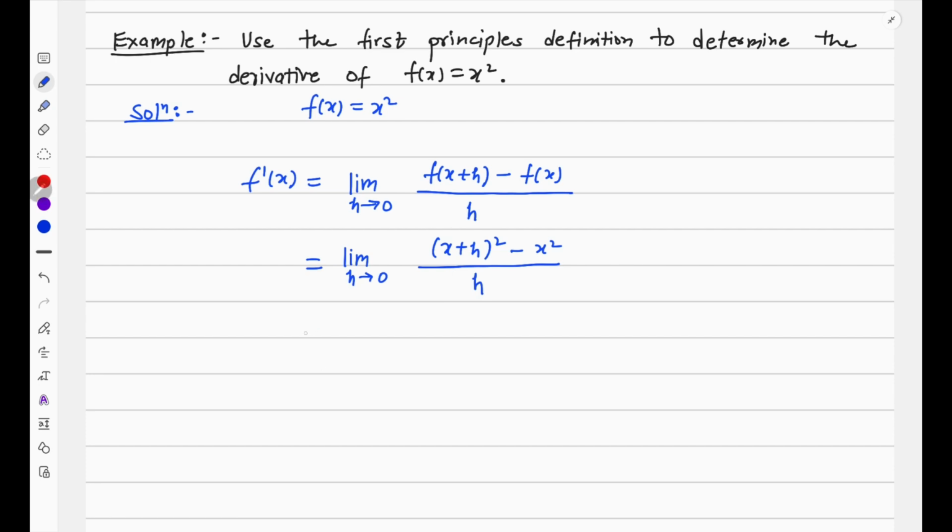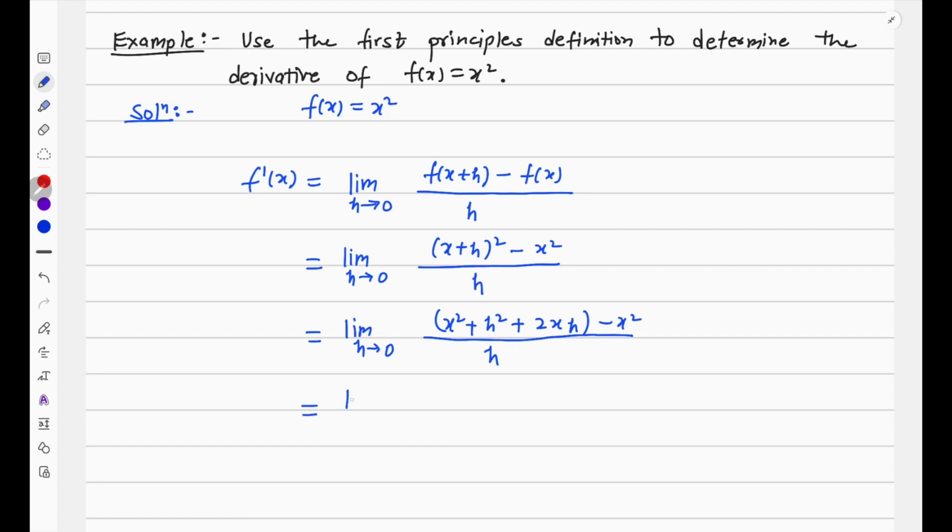Now we are expanding (x + h) square, so it becomes x square plus h square plus 2xh minus x square over h.